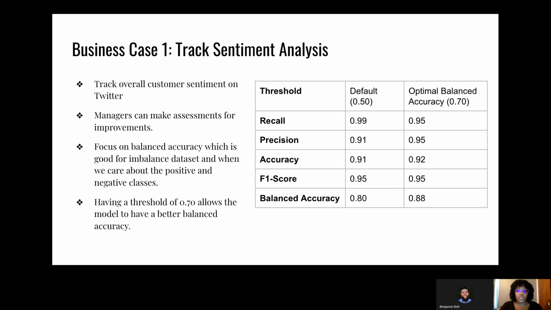If an airline company wants to track their customer sentiment on Twitter, they're going to need both the positive and negative class, and this will show managers areas of improvement they need to make. For this particular scenario, the focus would be on balanced accuracy because we're working with an imbalanced data set and we care about the positive and negative classes. Just moving the threshold from 0.50 to 0.70 improves the balanced accuracy from 0.80 to 0.88.